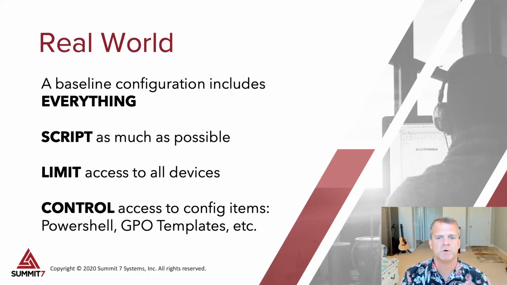So what does this mean real world? Well, first of all, you're going to have a baseline for everything you have. And if you're like a lot of small to medium businesses, you don't have this. We have some system designs, but if you said this Wi-Fi router has 89 settings, do I know what all those 89 settings are?